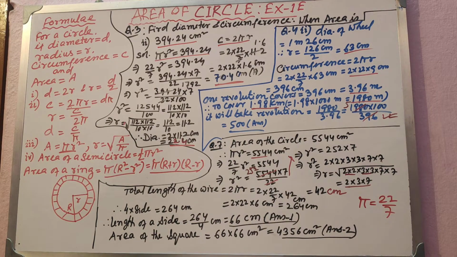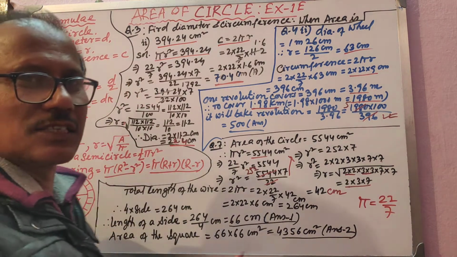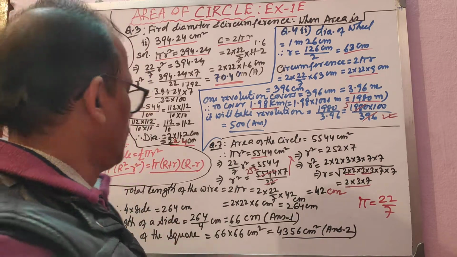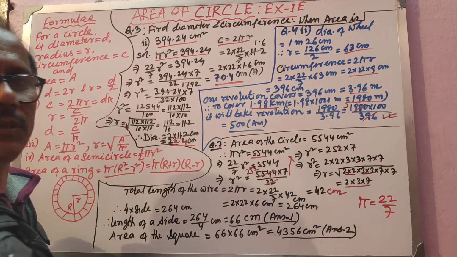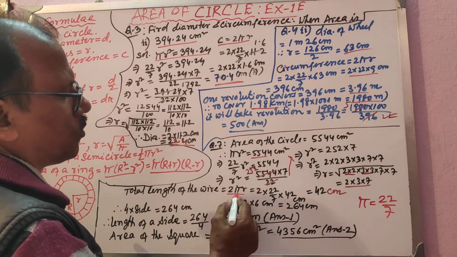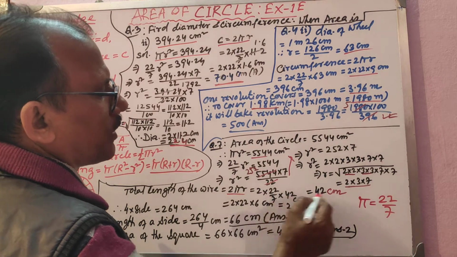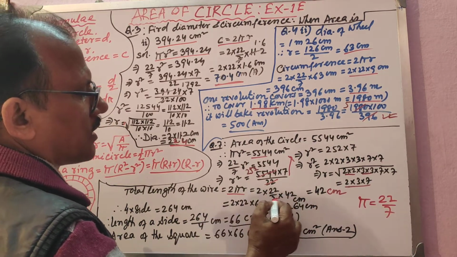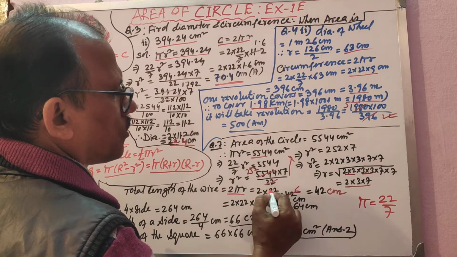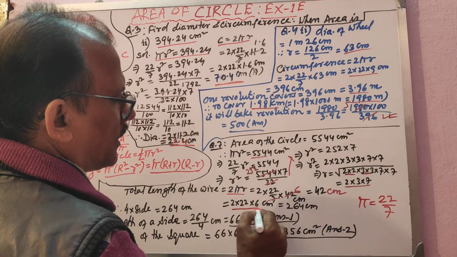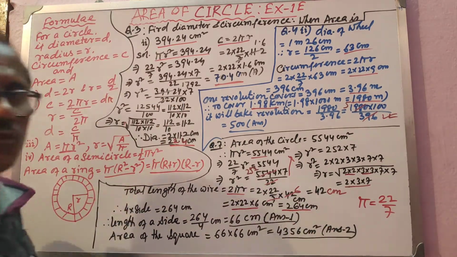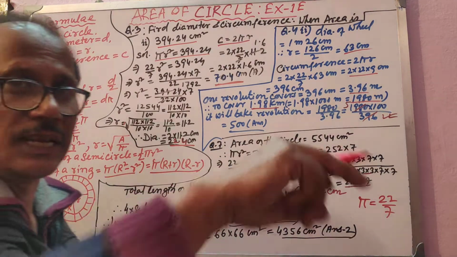Radius you found 42 centimeter of that circular wire. The length of the wire will be 2 pi r, its perimeter. So 2 into 22 by 7 into 42, 7 sixes are 42. So 2 into 22 into 6 will be the perimeter, that is 264 centimeter, the length of the wire.